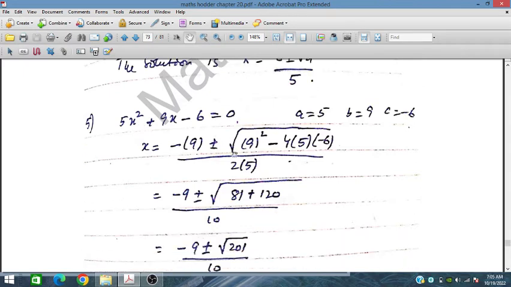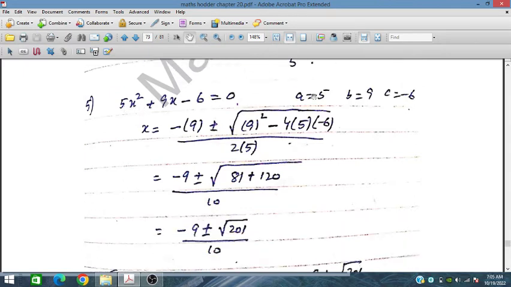Here a is equal to 5, b is equal to minus 12 and c is equal to minus 6. So this is b square minus 4a, and in place of c we write minus 6. This minus 6 becomes plus 6. 4 fives are 20, 20 into 6, so this is plus.